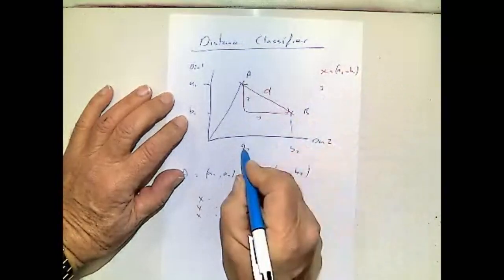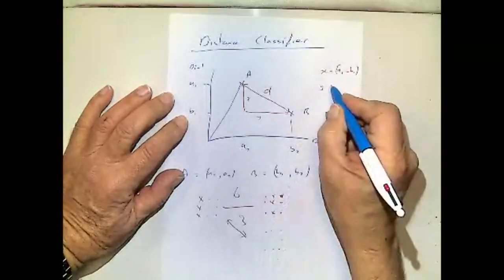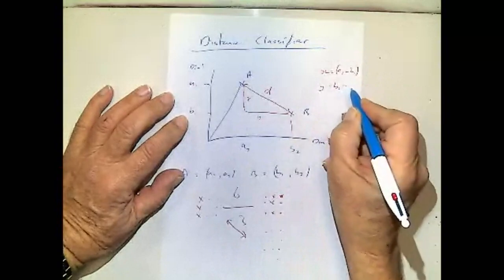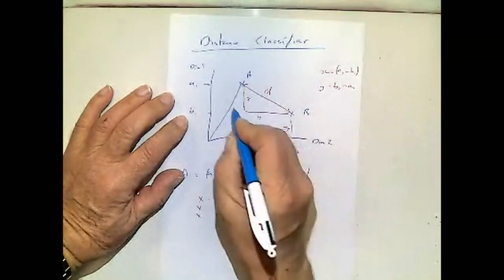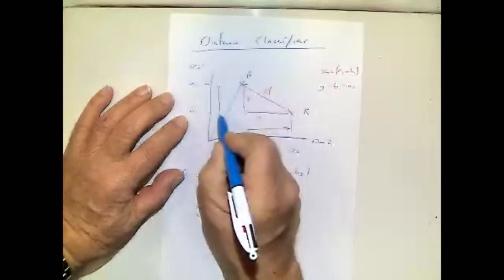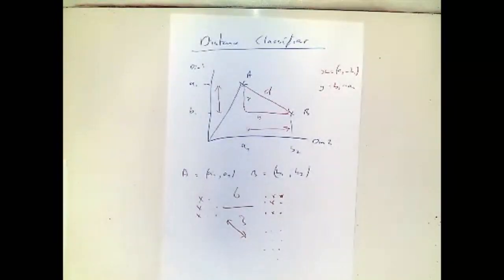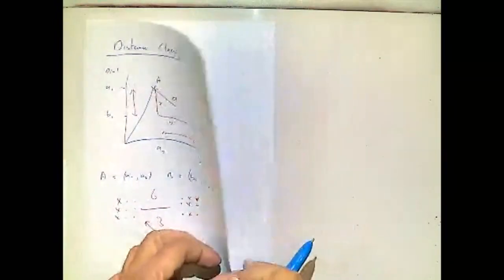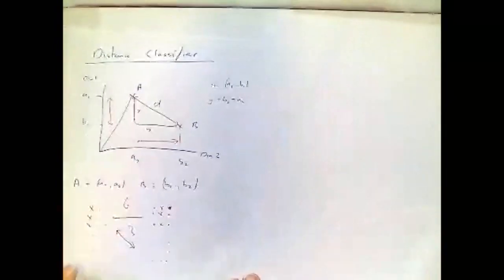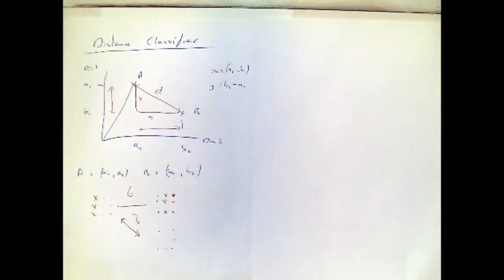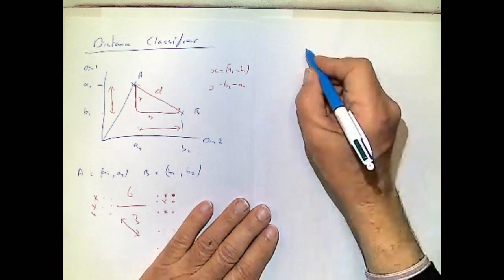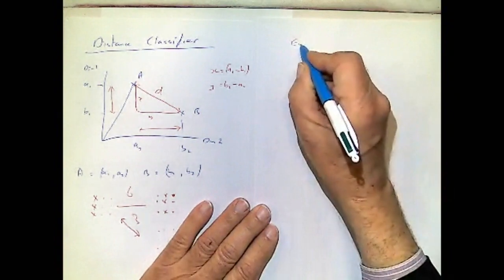Y is going to be B2 minus A2, that distance there, and that distance there. And by simple Pythagoras, which I hope you haven't forgotten, we can work out d. And this is the Euclidean distance.